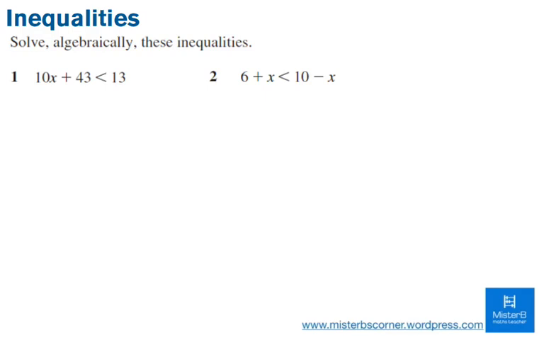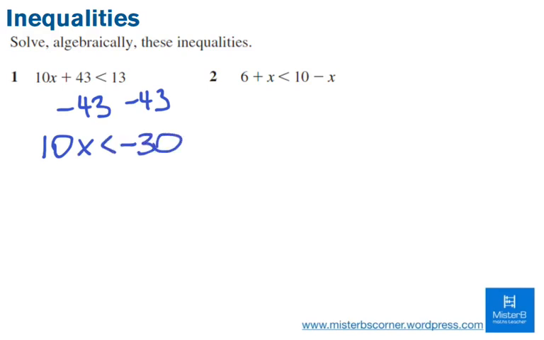Now let's look at these examples. So it's 10x plus 43 less than 13. I have to leave x alone, so I'm going to go minus 43 from both sides, and then I'm going to end up with 10x is less than minus 30, and then we divide both sides by 10, and we get x being less than minus 3.